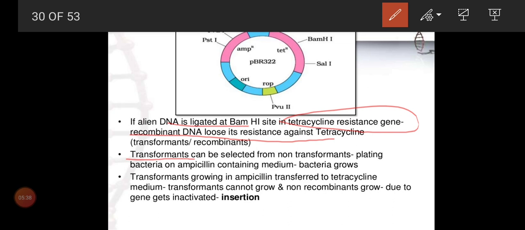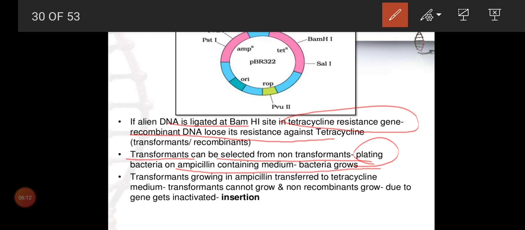Next, transformants. What are transformants? A plasmid or a vector containing recombinant DNA we can call transformants. They can be selected from non-transformants by plating bacteria on ampicillin containing medium. What do you mean by plating bacteria? Normally we grow bacteria in Petri plates. The bacteria grow, why?